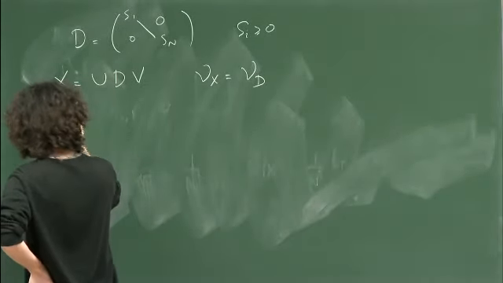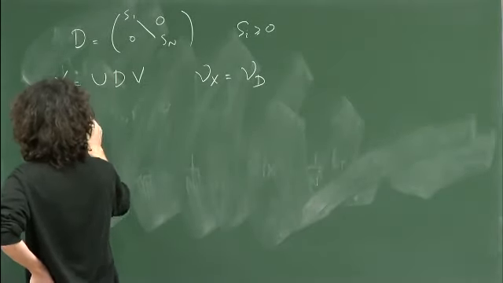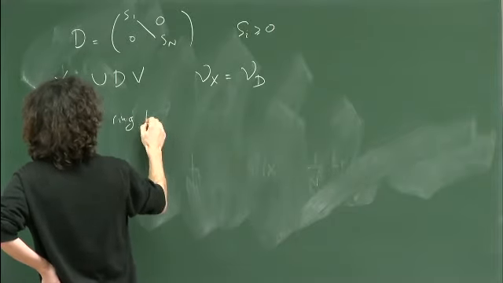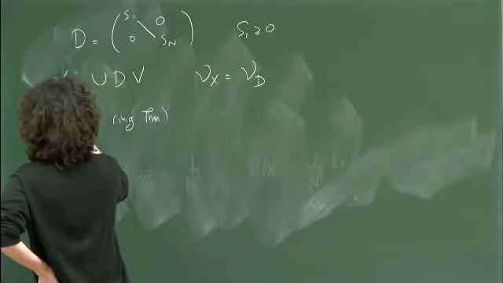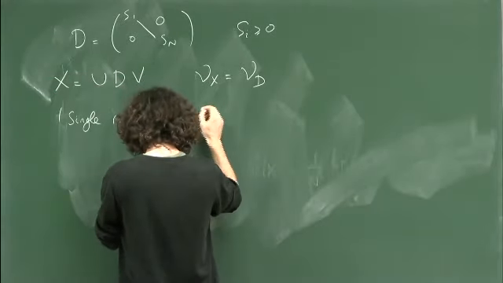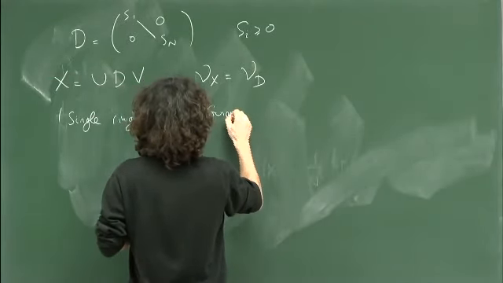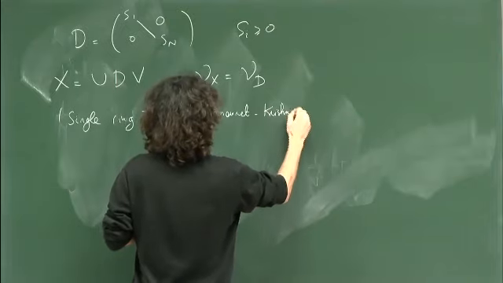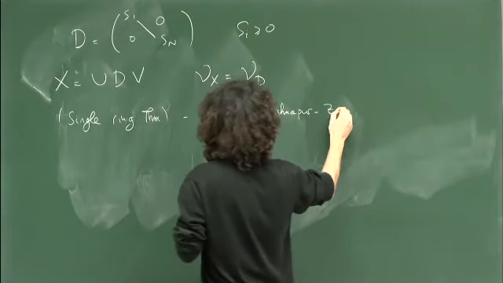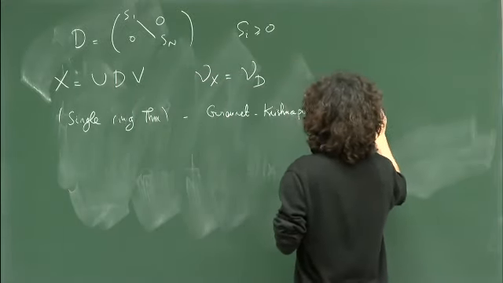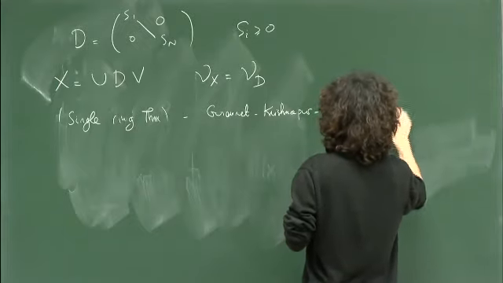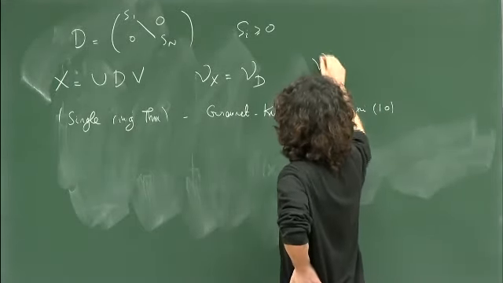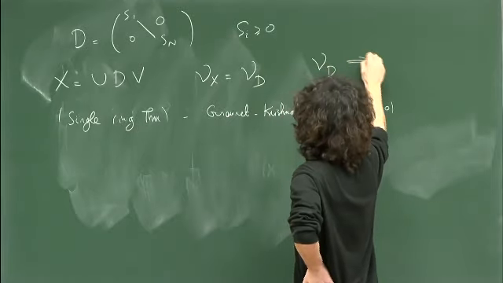So there is the so-called single ring theorem, which is due to Guionnet, Krishnapur, and Zeitouni.